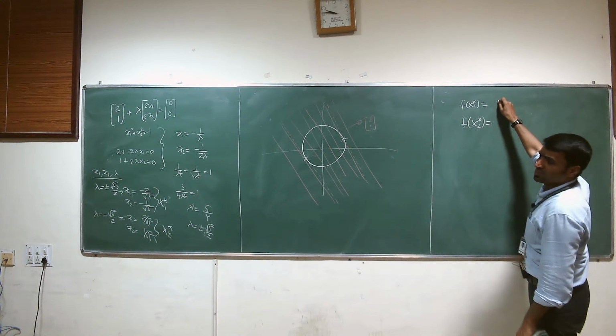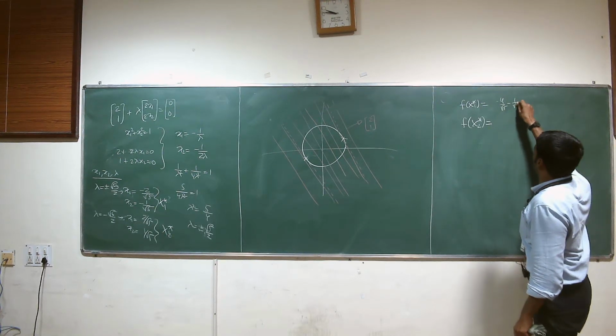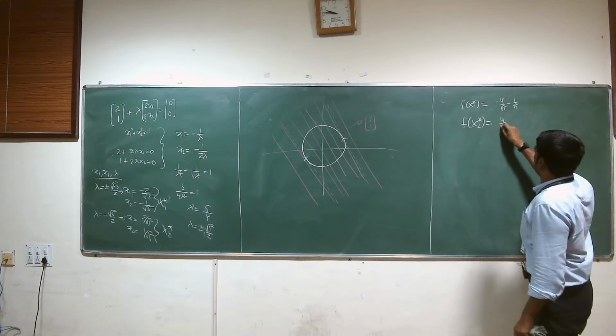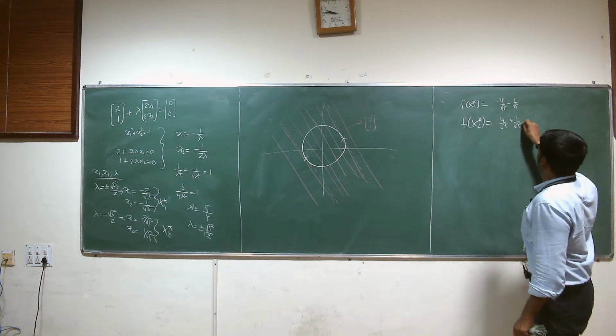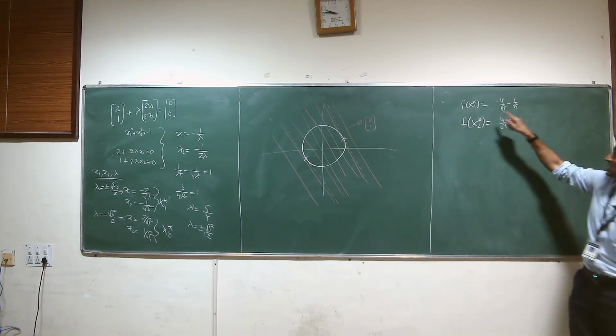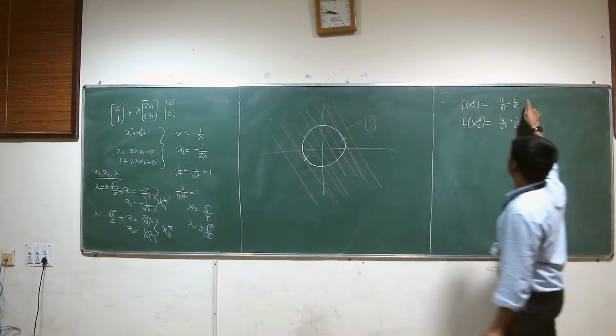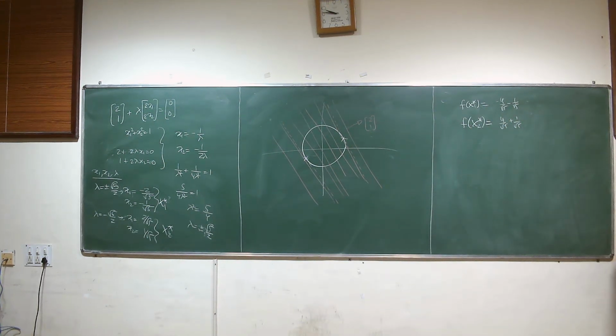First one will be minus 4 by root 5 minus 1 by root 5. The other one will be, this is obviously lower. If f of x1 star is lower than this, that means this is the minimum, that's the maximum, and this is the lowest value for the function.